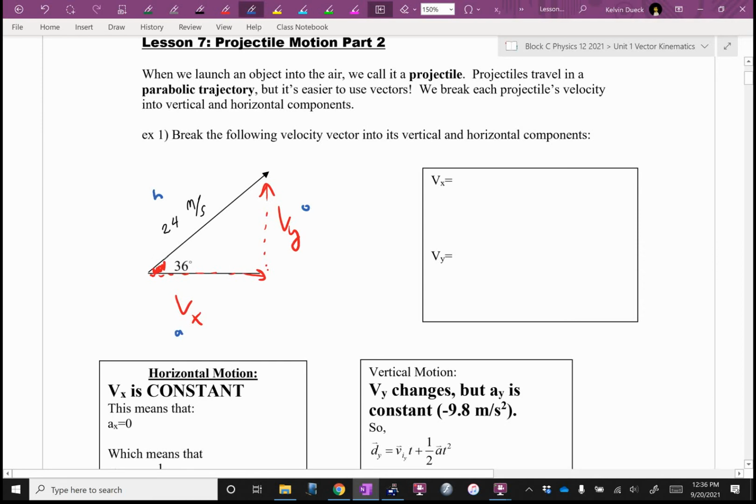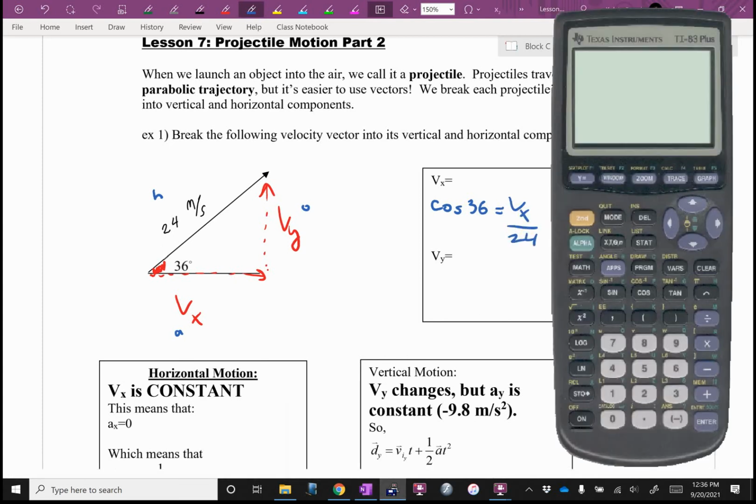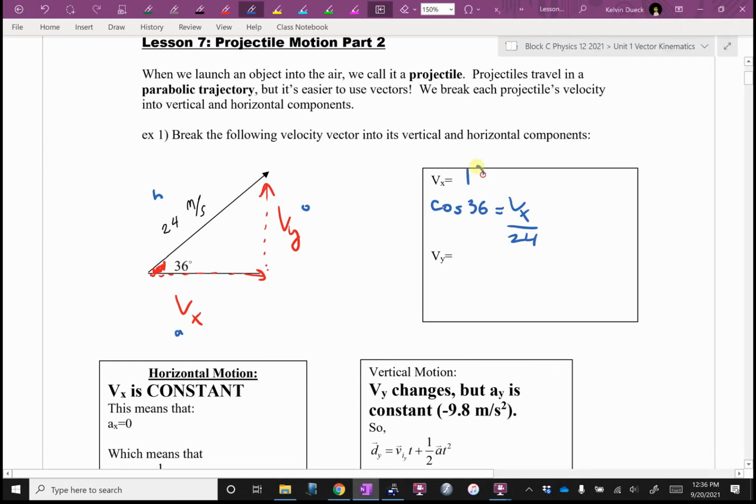Which trig function defines Vx? Cos. Cos 36 equals Vx over 24. So Vx is going to be 24 cos 36, and I get 19.4.